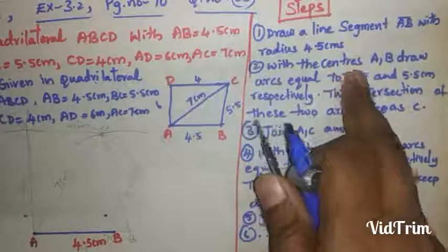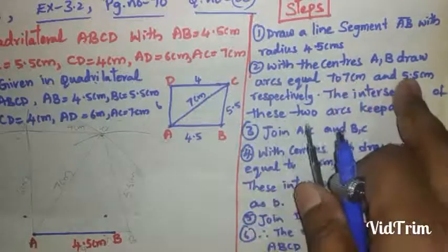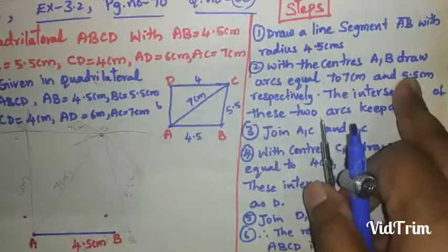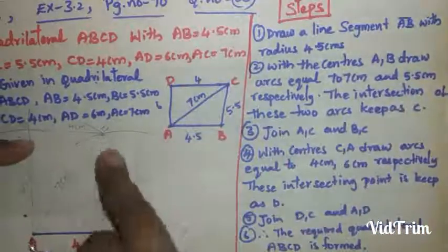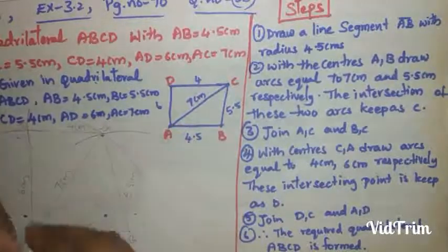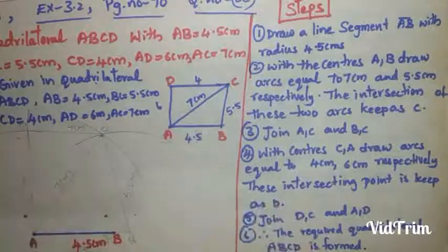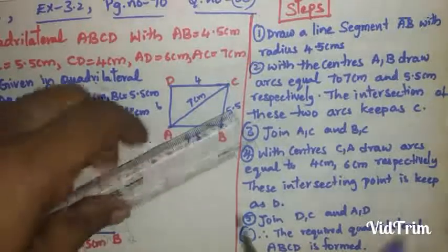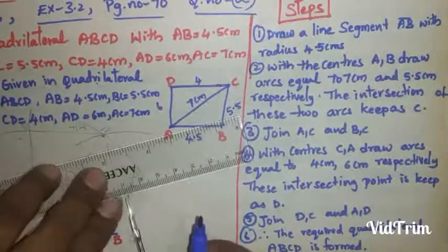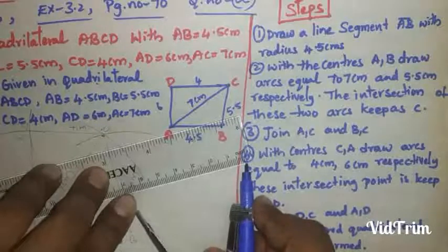Now what we should do? With centers A and B, draw arcs of 7 centimeters and 5.5 centimeters. Already you know how to construct a triangle. First we should construct a triangle ABC. From A to C is 7 centimeters, so we take 7 centimeters using a compass on a scale, one on 7, the other on 0.